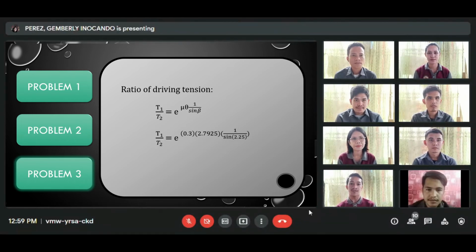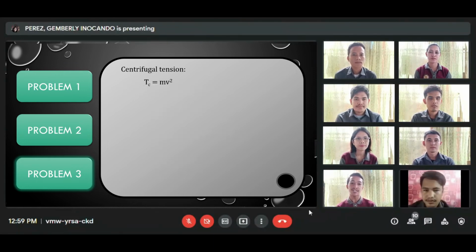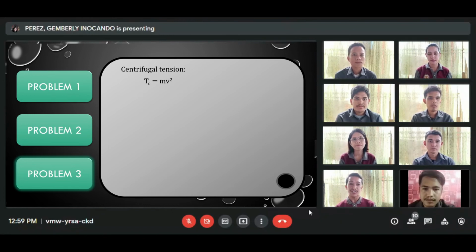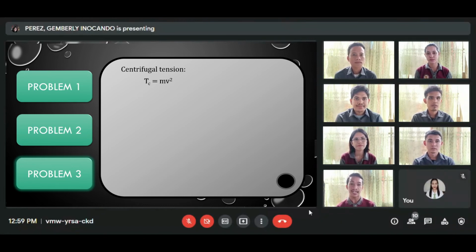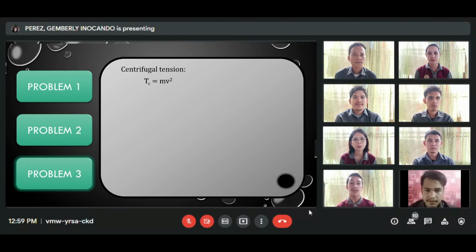After getting the ratio of driving tension, let's proceed on getting the centrifugal tension. The reason why we get the velocity first is because this is where we're going to apply it. The formula of centrifugal tension is Tc equals mass times the square of velocity.